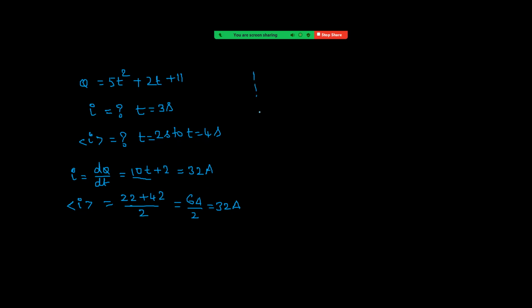Let us calculate the same thing. In fact, we have discussed it earlier using a graph. We can try that also, and I will discuss a different way also. That is, the average value is given by delta Q, the net charge flowing in a given time interval, divided by delta t. I'm taking here one cross section.